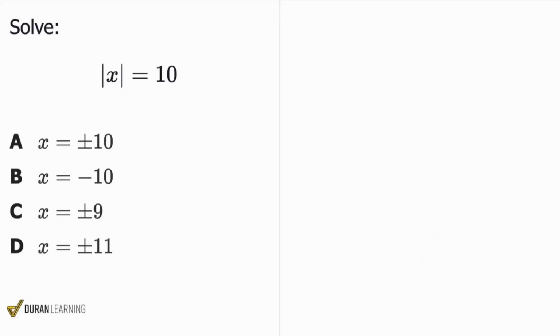When you're talking about the distance between a number and 0, let's take a look at this little number line here. Let's say we have 0 right here. We could be at -2 and we could be at +2. But regardless, if I take the absolute value of -2 versus the absolute value of 2, we're going to get the same thing, because these bars mean how far away are you from 0?